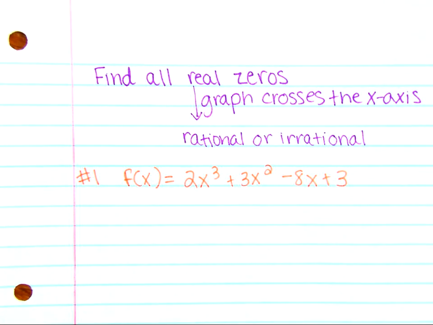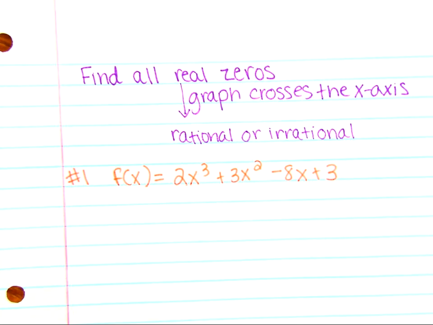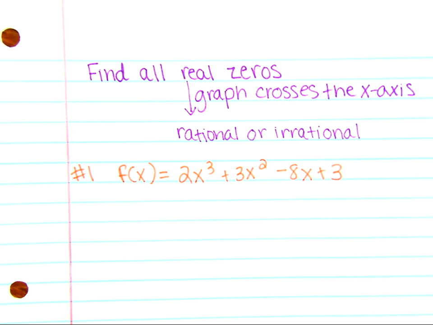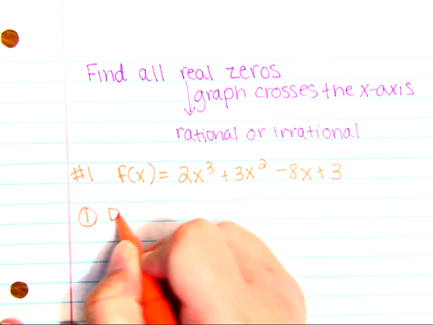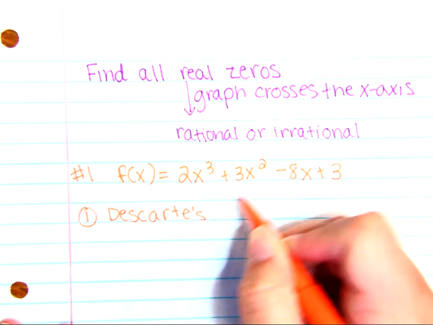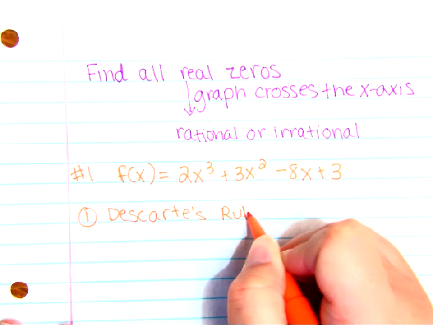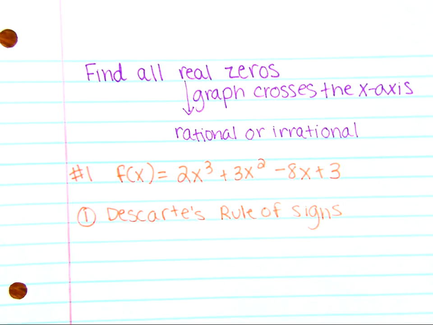Okay, so remember that this is going to have at most 3 real zeros. Okay, at most 3. And we're going to start with our first test. We need to narrow this down. And that's going to be Descartes' rule of signs. Okay, remember that means I am looking at how many times the sign is changing in my function.